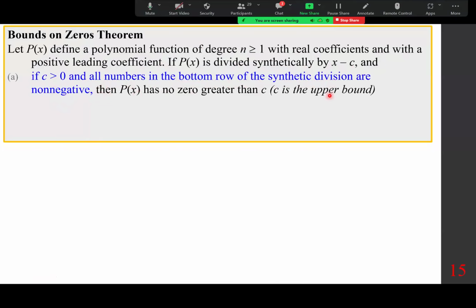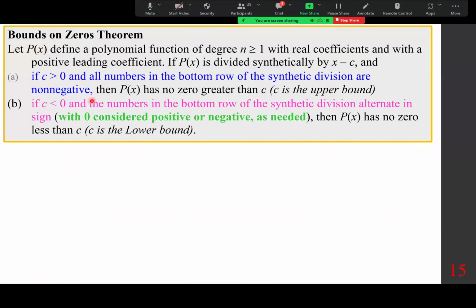C is the upper bound. If c is less than 0, and the numbers in the bottom row of the synthetic division alternate in sign, by the way, with 0 considered positive or negative as needed, then P of x has no 0 less than c. C is the lower bound.